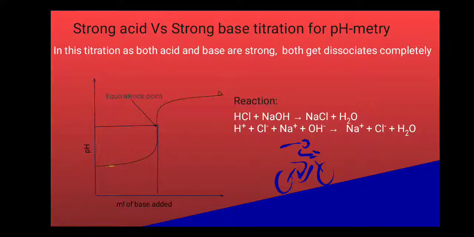When you start adding the base into it, the pH starts increasing, but only to a certain extent by addition of the base. Suppose after each addition of a small quantity of base from the burette, generally 0.5 ml or 1 ml is preferred, we see the change in the pH of the solution by addition of that base.